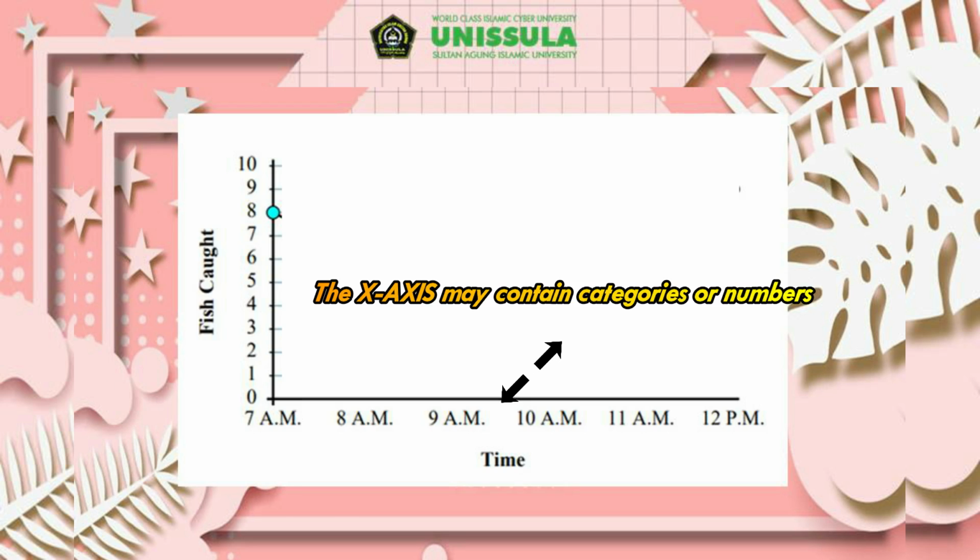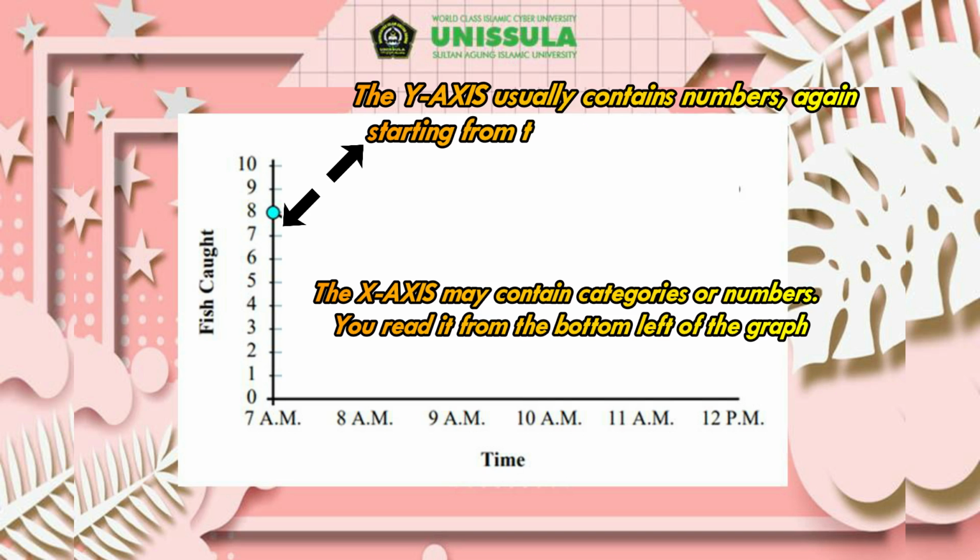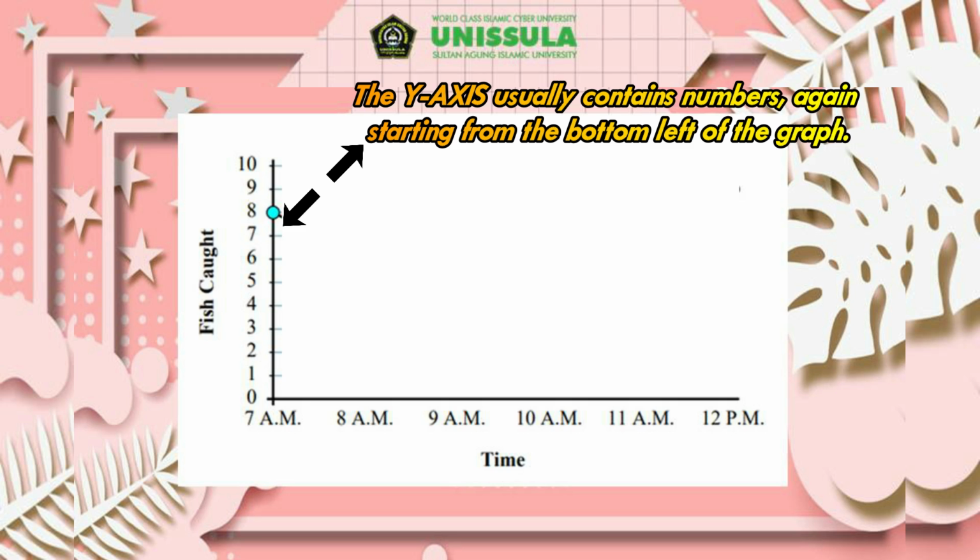The x-axis may contain categories or numbers. You read it from the bottom left of the graph. And then the y-axis usually contains numbers.